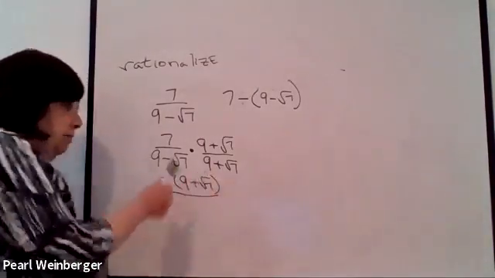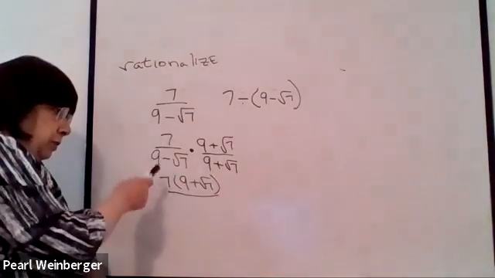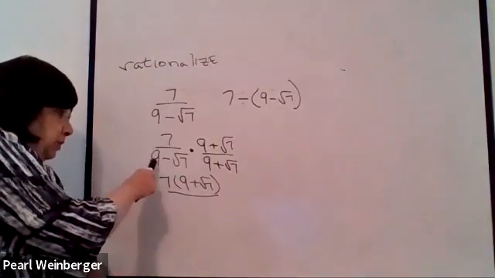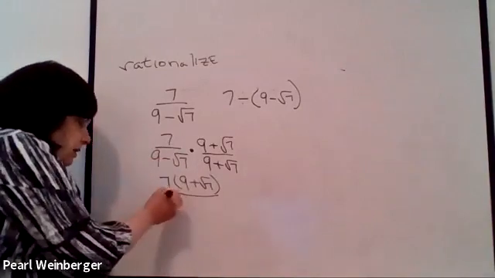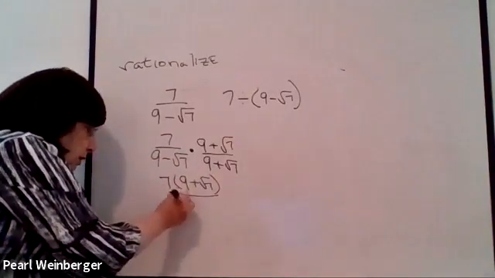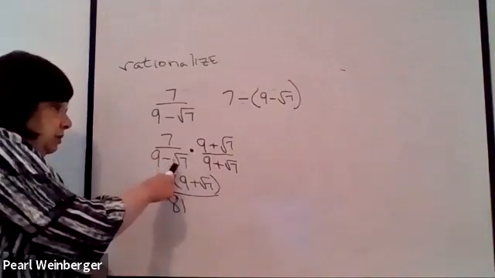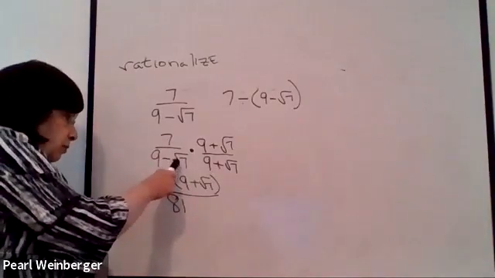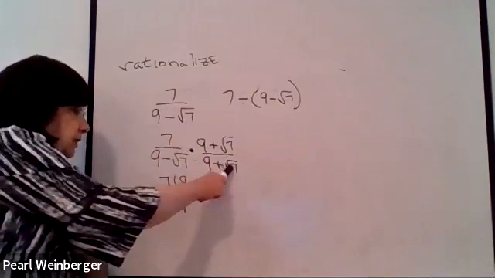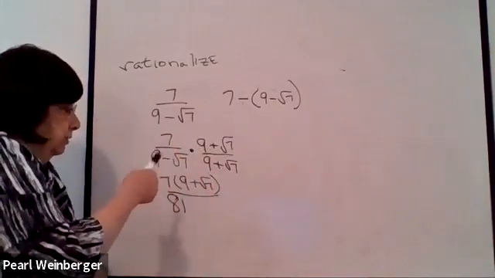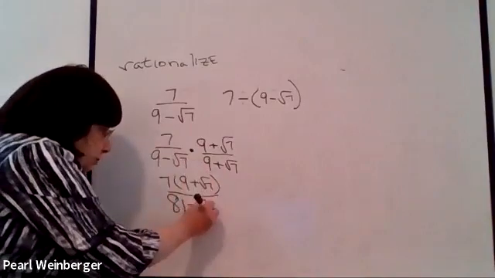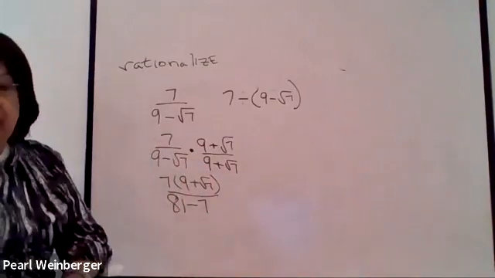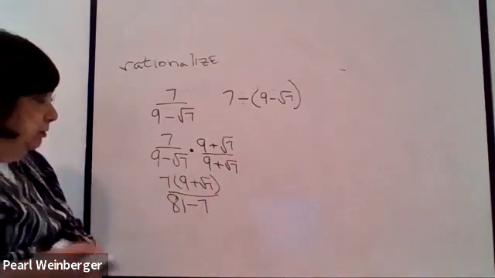But in the denominator, you actually have to do the multiplication. And remember, since these are conjugates, you just do the first times the first. 9 times 9 is 81. And then you do the last. Square root of 7 times square root of 7, plus times minus is minus, and it's just a plain 7, not inside a radical.